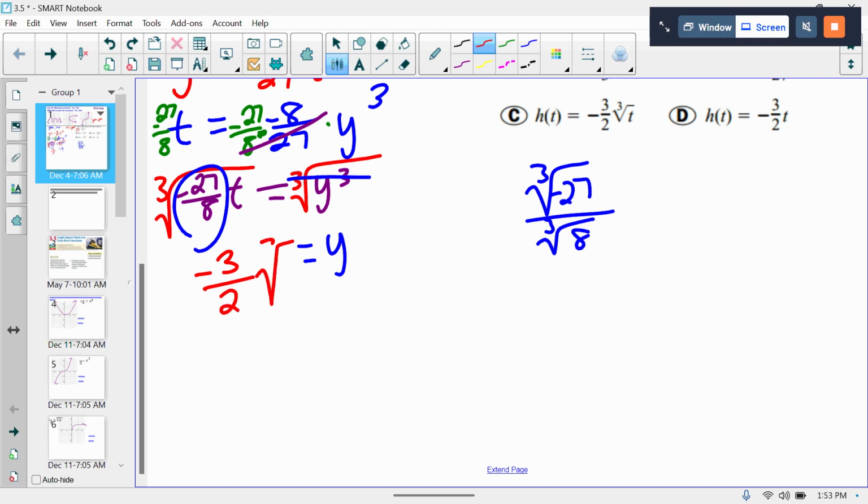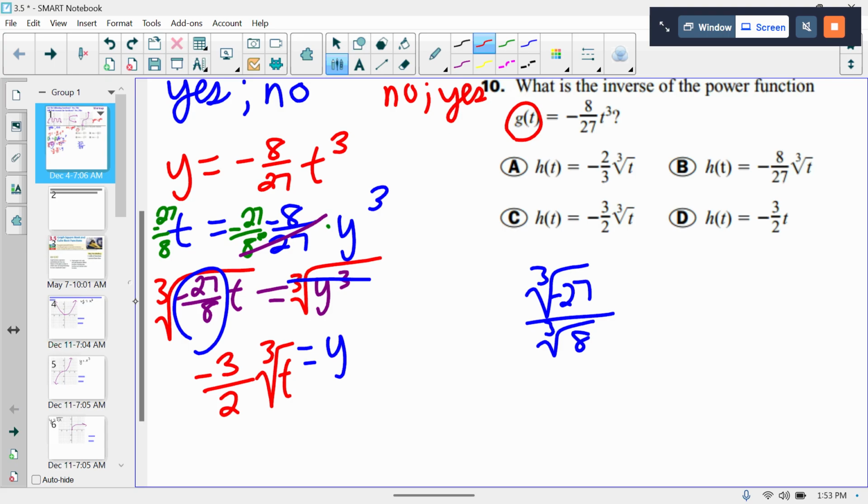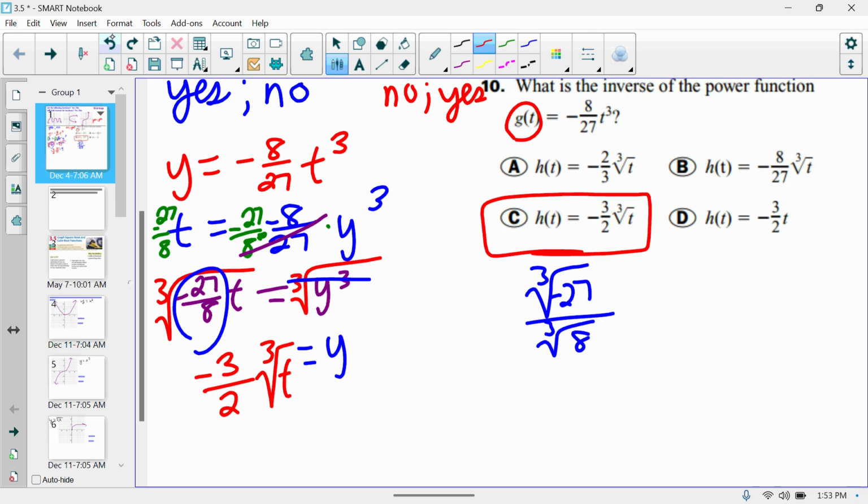Remember, the t would have to stay on the inside because if you had t to the third, like if you had a group of 3, you could take the third root, right? Because the third root and the third power would cancel. But it's only t to the first, so it would just have to stay on the inside. So now hopefully you can see this is the choice. It just, instead of y, has the function notation, h of t. Questions on that at all?